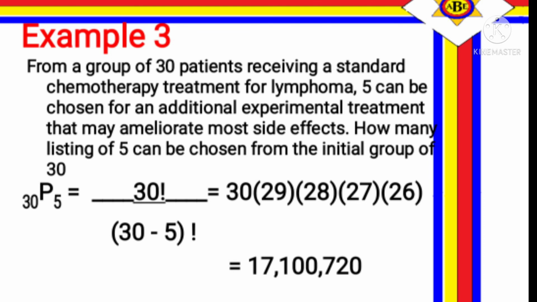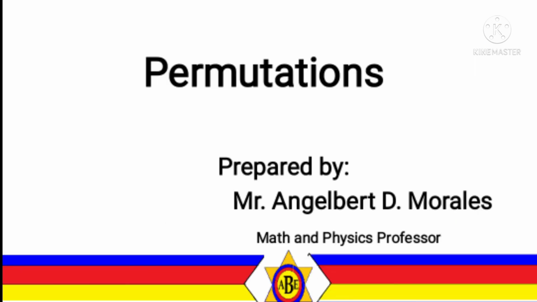So we have 30P5. Then we have 30 factorial over (30 minus 5) factorial. So this is 25 factorial, which is cancelled out. So we got 30 times 29 times 28 times 27 times 26. Then we got the final answer of 17,100,720.